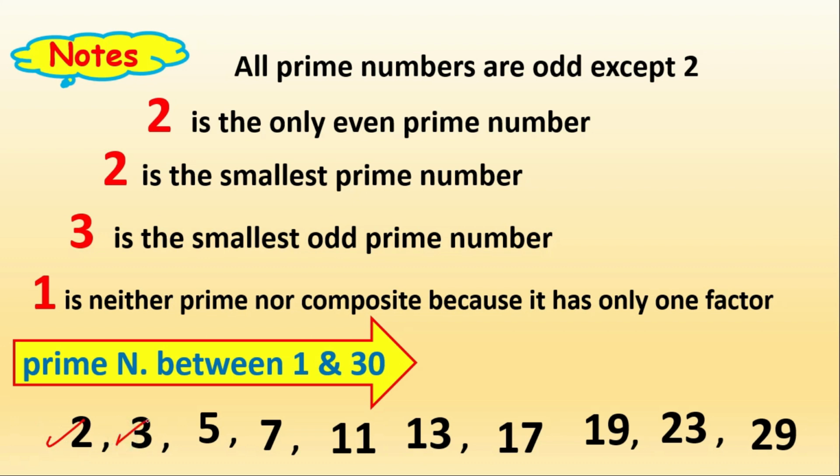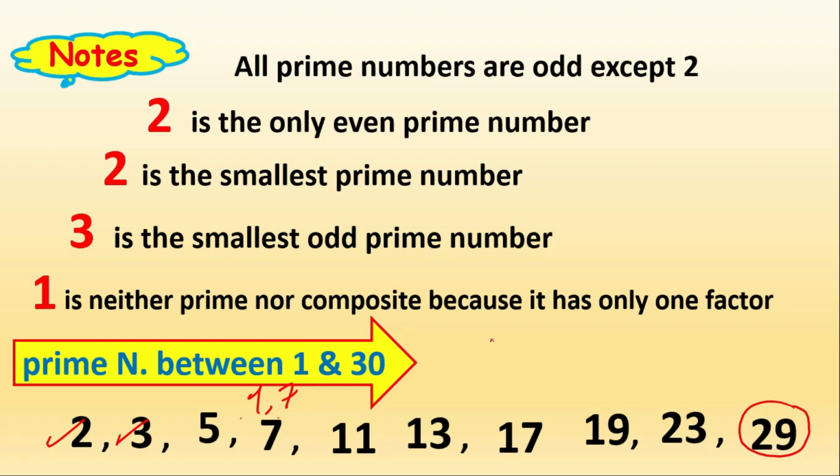The next one is 3. The next one is 5, because 4 has more than 2 factors. After 5 comes 6, which is not prime because it has more factors. 7 has only 2 factors, 1 and 7. And 11, 13, 17, and so on, up to 29, the last prime number up to 30.